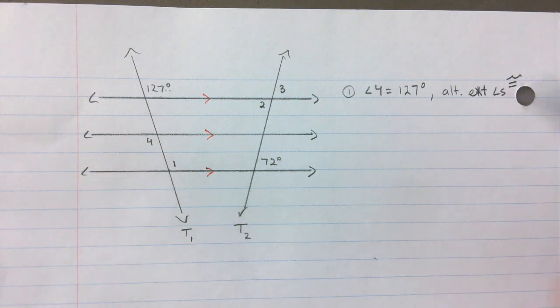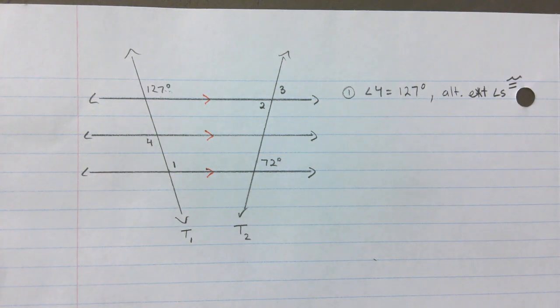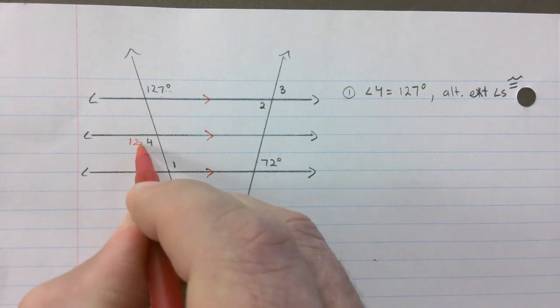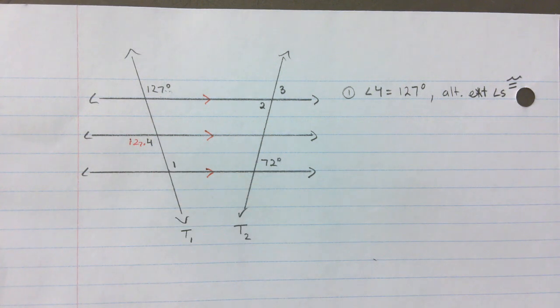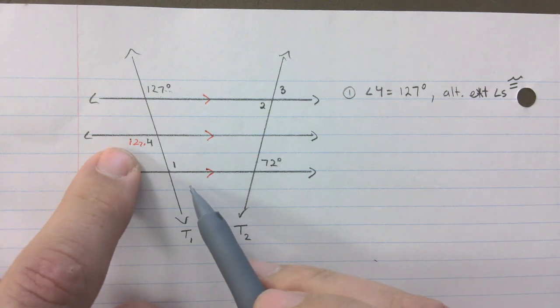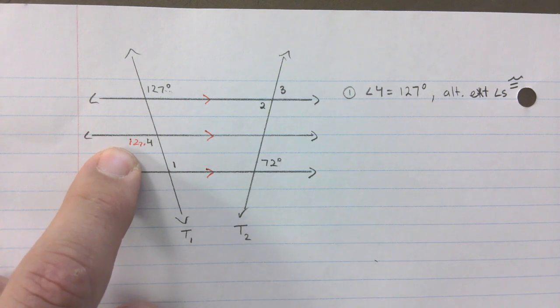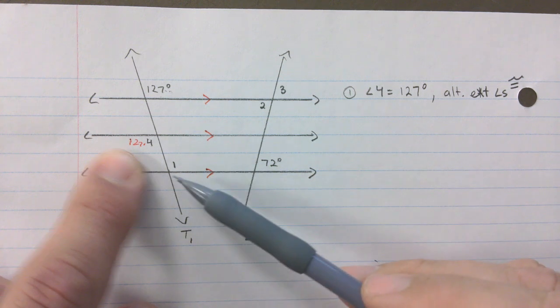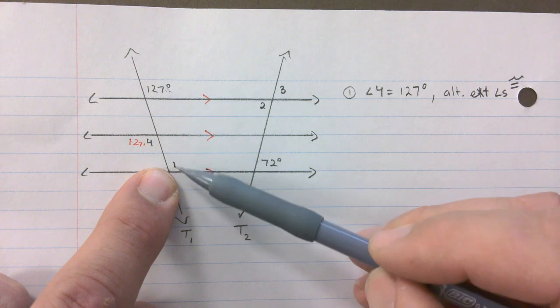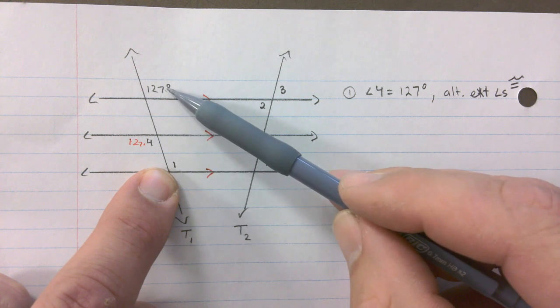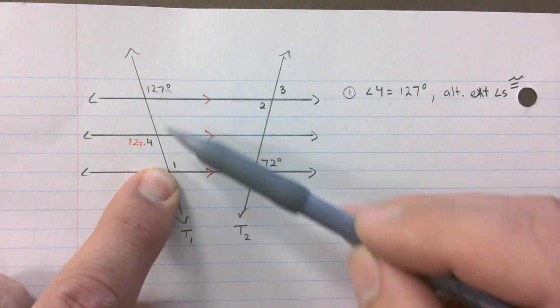I'm going to actually write that in just to make sure I know what that is now. And now you can actually use that to solve. You can take it as part of your chain, or you can just go back to the original and this one. So what are the original 127 and the 1?